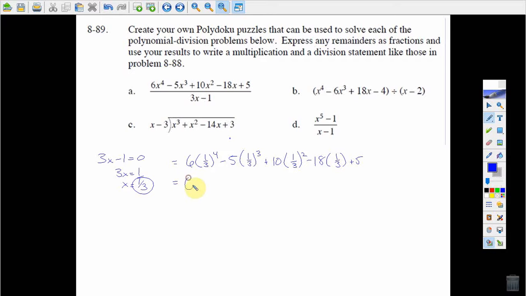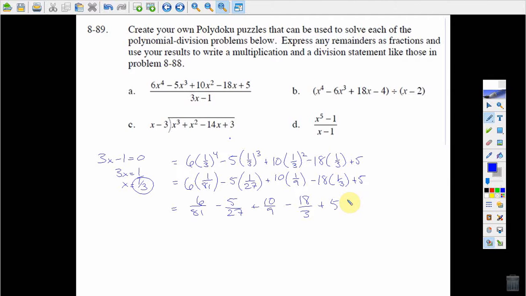That's going to give me 6 times 1 over 81 minus 5 times 1 over 27 plus 10 times 1 over 9 minus 18 times 1/3 plus 5, which is 6 over 81 minus 5 over 27 plus 10 over 9 minus 18 over 3 plus 5.